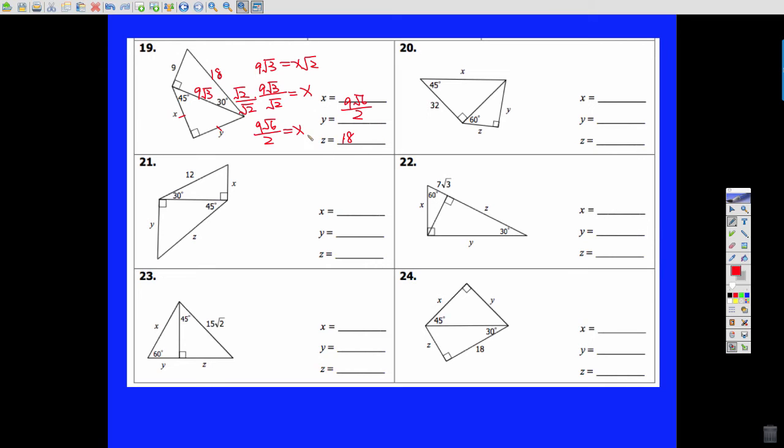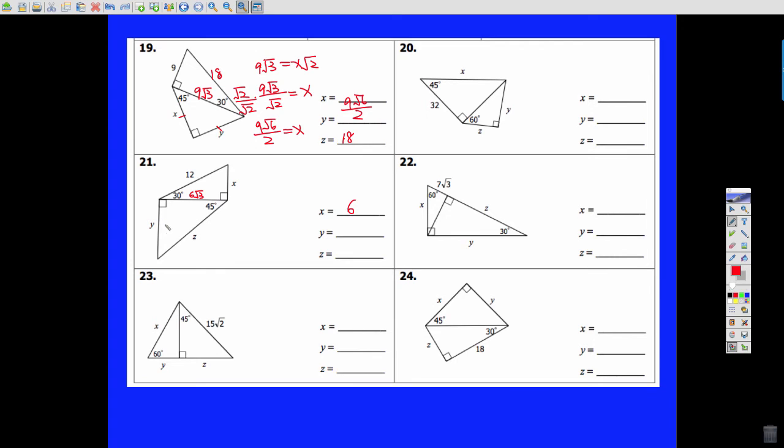20 is exactly the same. They just give you information of the leg, and you need to solve for x first. And then the rest of it, you can take care of yourselves. Number 21 is fairly similar. You've got the hypotenuse in this 30-60-90 special right triangle. Therefore, you know your x is 6. If your x is 6, you know the longer leg of that right triangle is 6 times root 3.